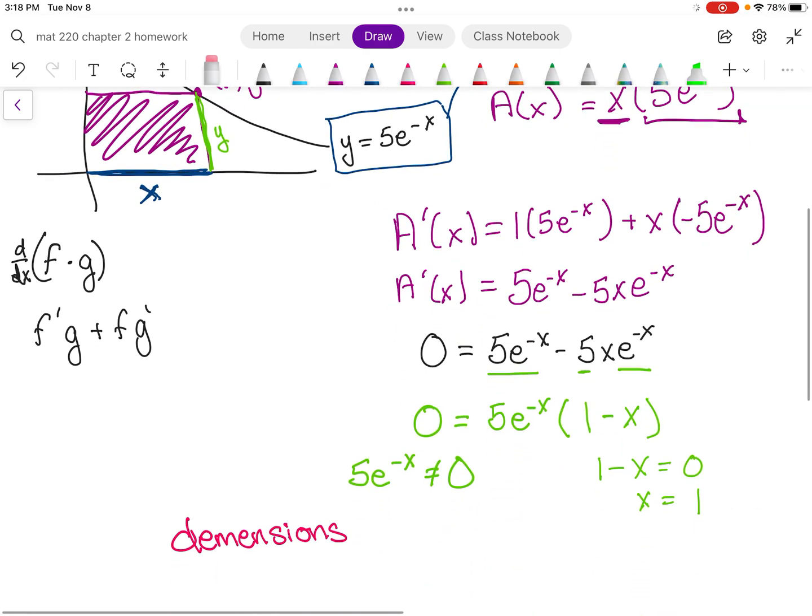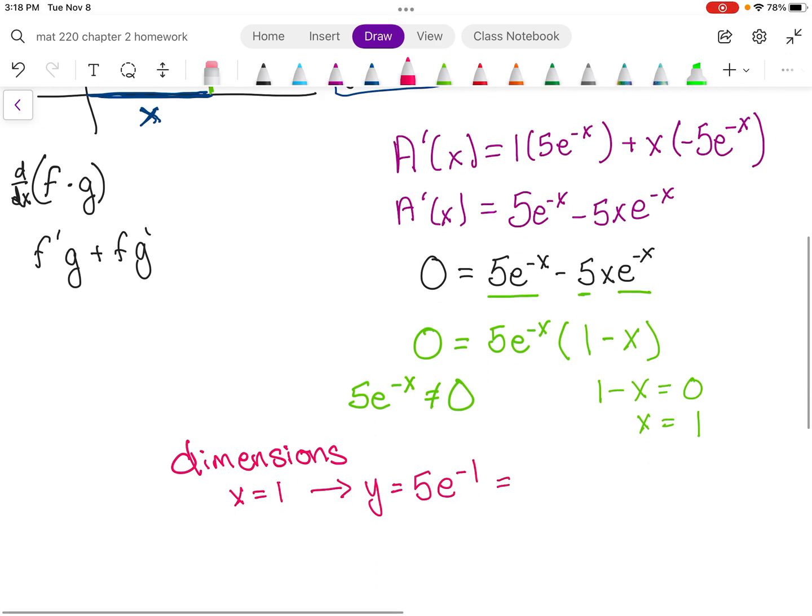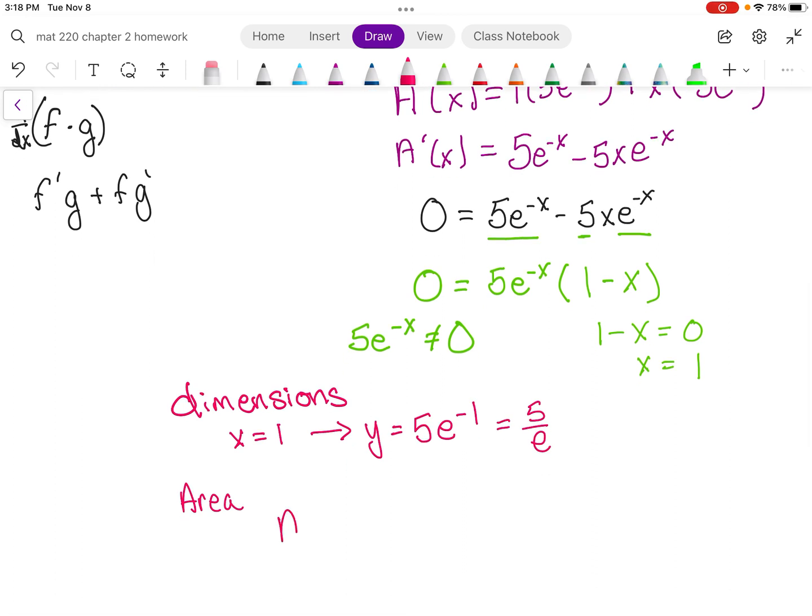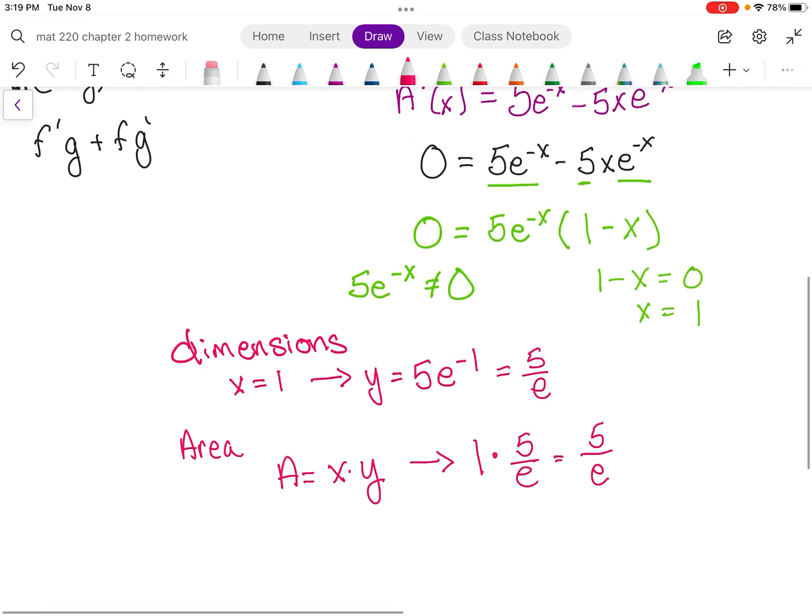Okay, we know that one of them is x equals 1, and so y is going to be equal to 5e to the negative 1 at that point, which I could think of as 5 over e, if that helps. And if I want to find the area, remember, it was just x times y. In this particular case, at these dimensions, that would be 1 times 5 over e, or 5 over e.